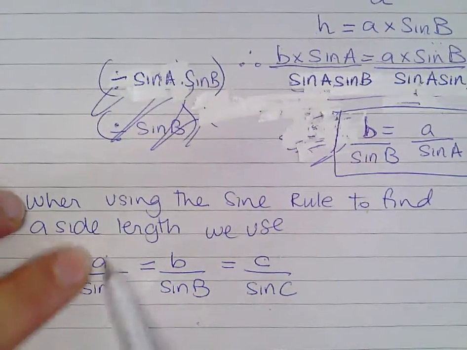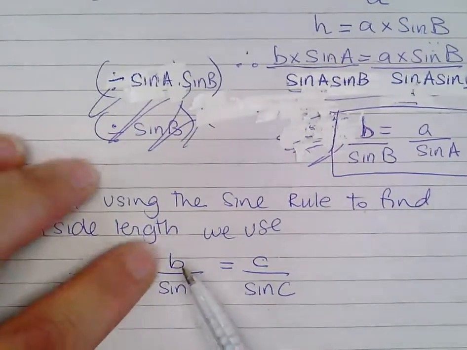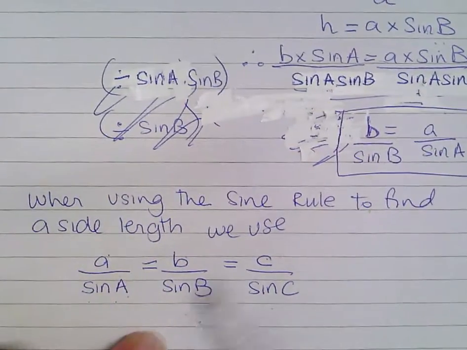The ratio of the side length over sine of the angle equals the ratio of the side length over sine of an angle.